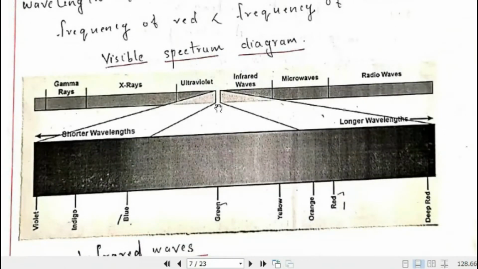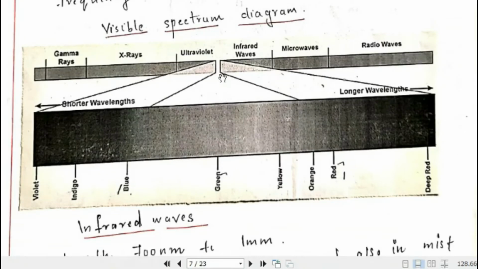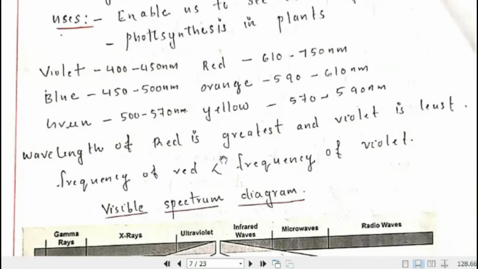Here you can see in the total electromagnetic spectrum, after UV light and before the infrared waves, there are the human detectable visible rays, which are again divided into a small spectrum which is starting from violet to red based on their wavelength.